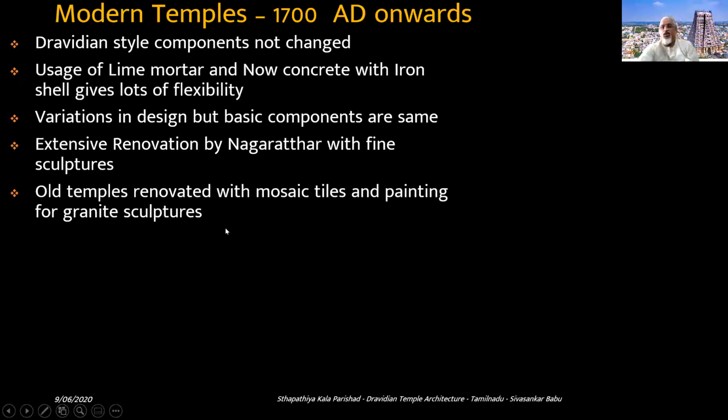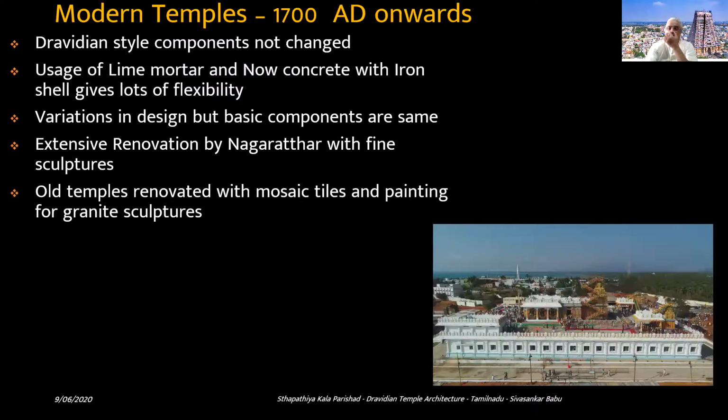The other damaging work for temples is that old temples are getting renovated with fancy mosaic tiles and paintings, and the latest horror is the Rameswaram temple, where the entire corridor was painted in multicolored dresses. Some examples of modern temples: one very recent one built in Kanyakumari as a replica of the Tirupati temple model.